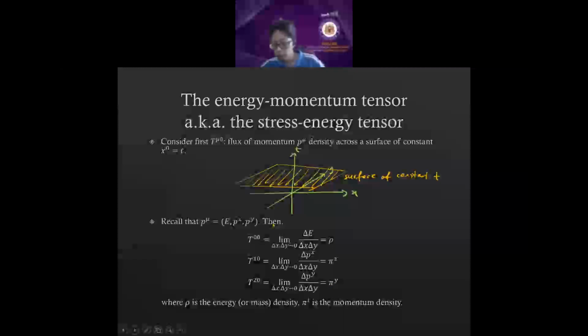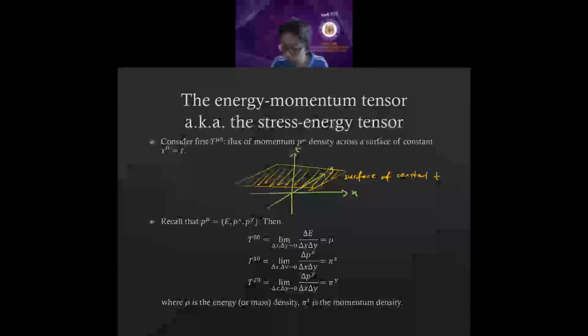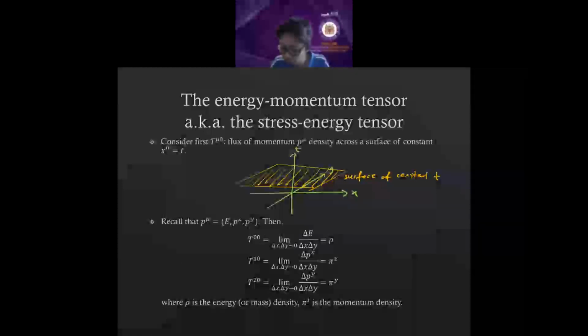Then, by definition, if we consider any point on this surface, so let's say this point over here, then the 0, 0 component of the tensor is, by definition, the energy within this infinitesimal area. So this is delta x, this is delta y.